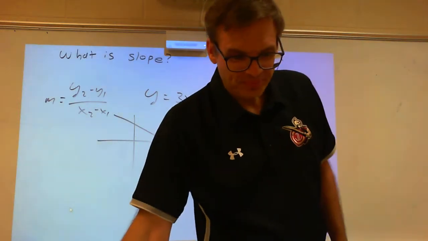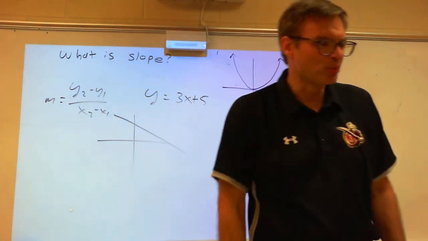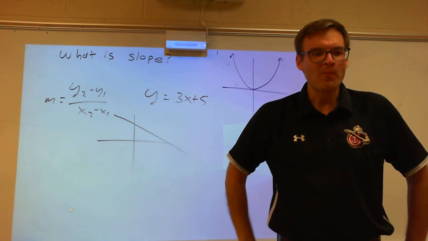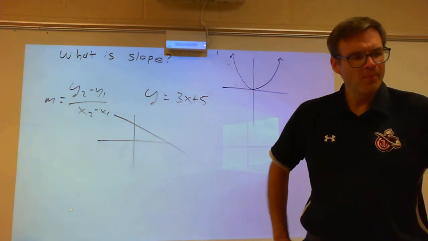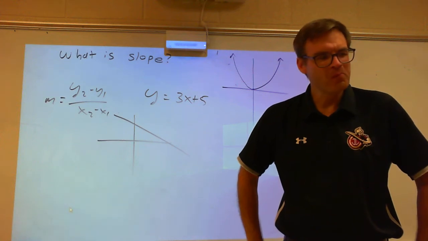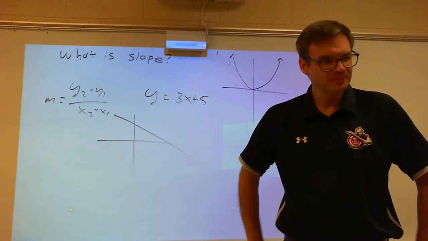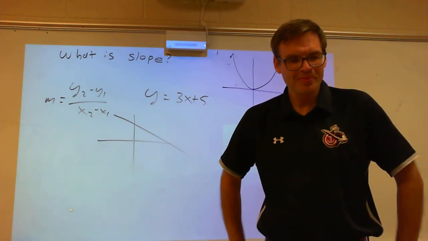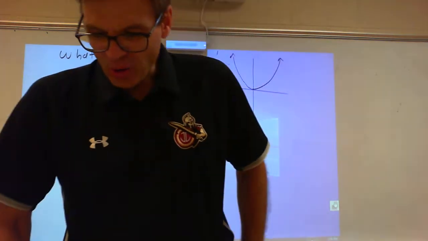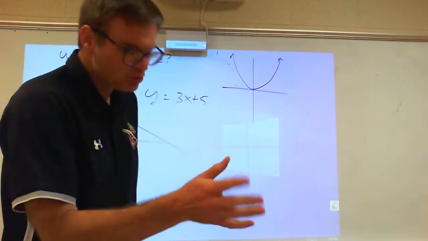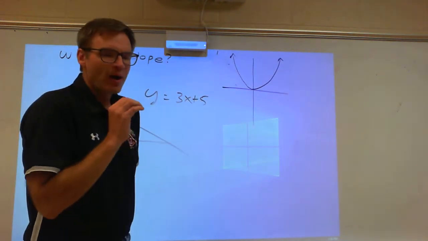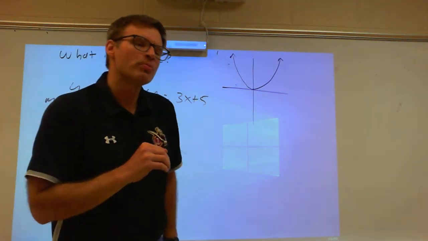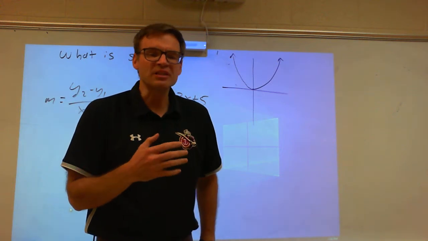The rate of change. Now, that sounds like an Algebra 1 concept too, doesn't it? Although with rate of change, you're getting closer. Anything else? What if, going on the rate of change, so you're definitely on the right track, what if we describe slope as a measure of steepness?